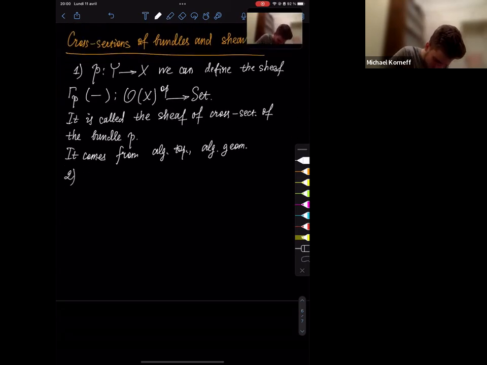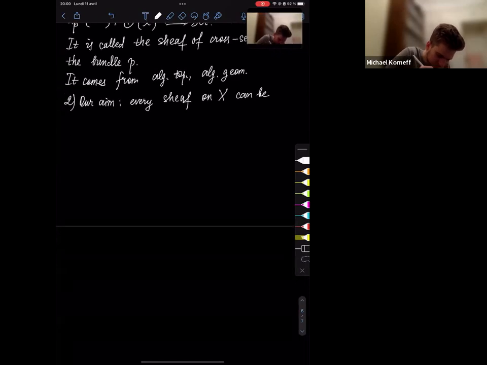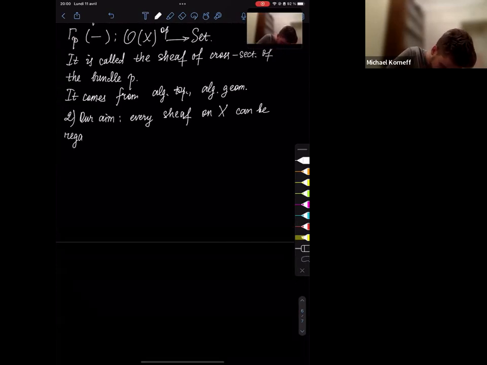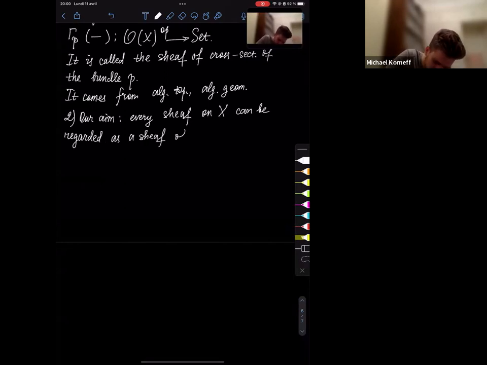Okay, and our aim is to prove that every sheaf on X can be regarded as a sheaf of cross sections of some bundle.